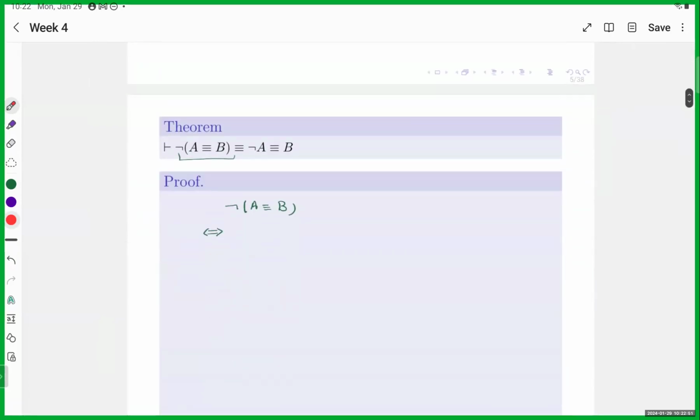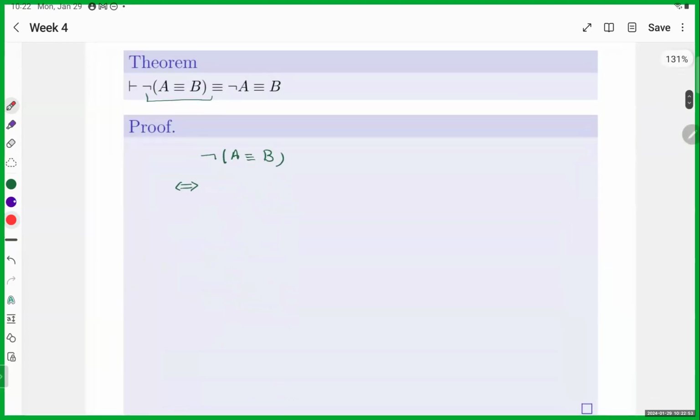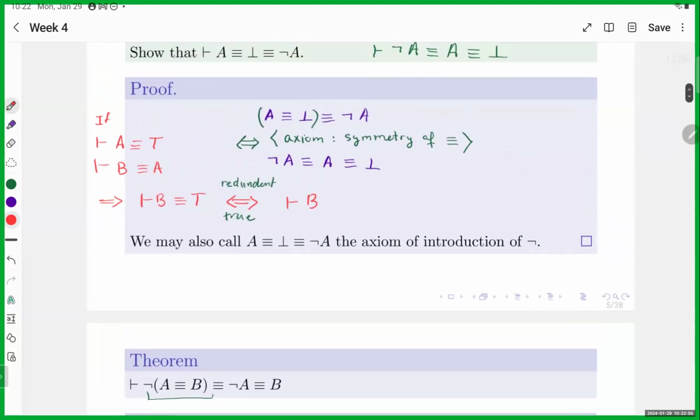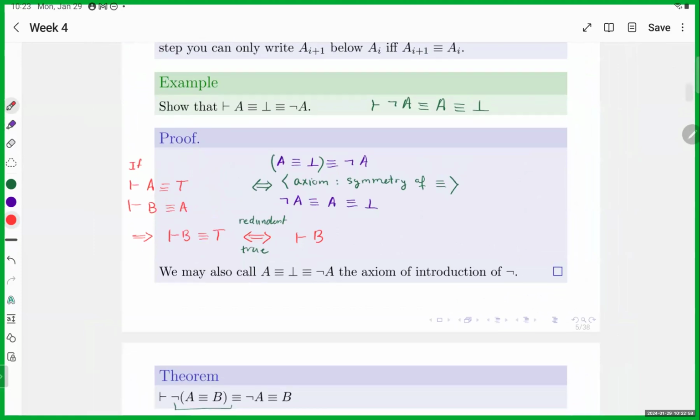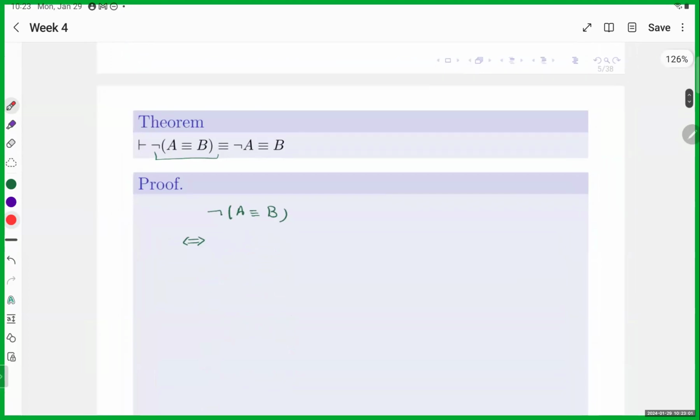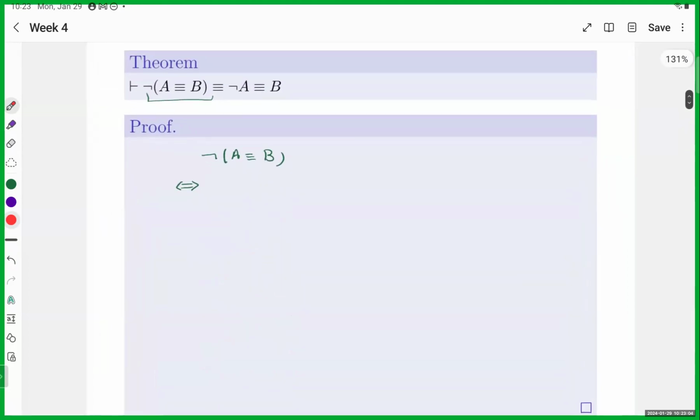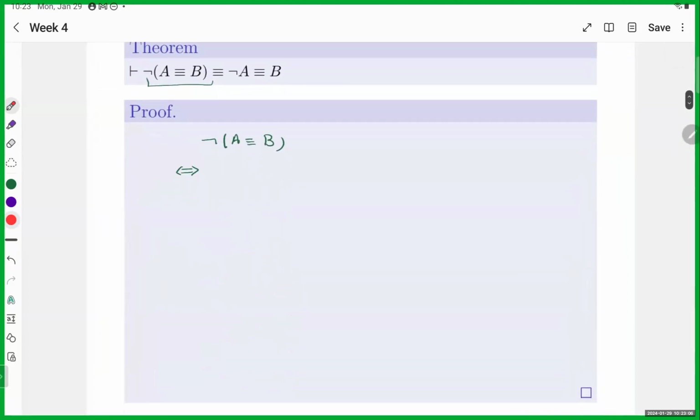I don't think we need that. That's the same. By the way, we are going to call this also axiom of introduction. Is this the same thing, right? Your order changes. There's no reason not to call it an axiom. All right.